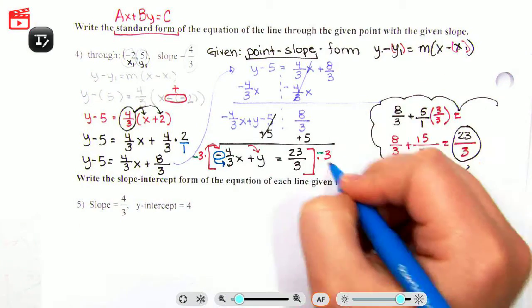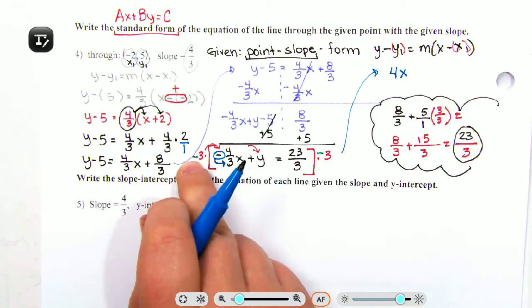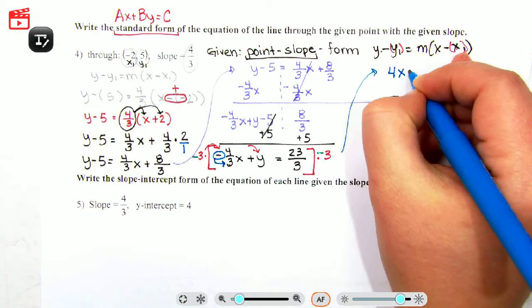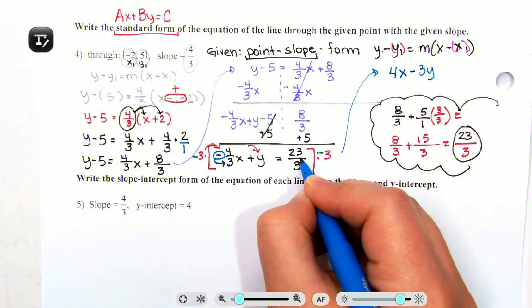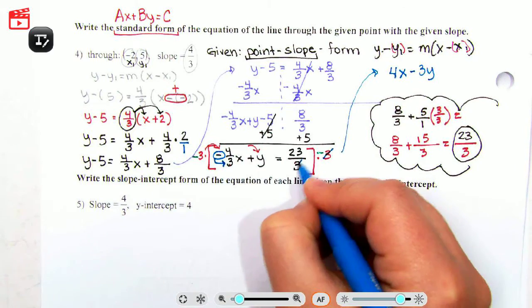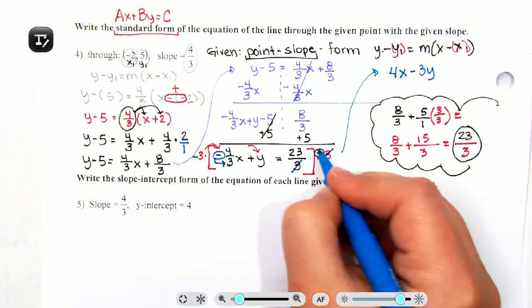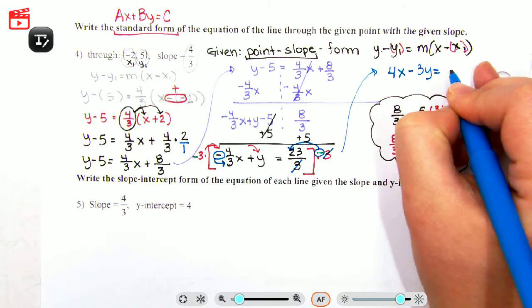We're just left with 4x. Negative 3 times y is a negative 3y. Negative 3 times 23, that's a big number, but we already have divided by 3, so these 3's cancel out. The only thing that's left over is this negative. We just place that negative onto that 23.